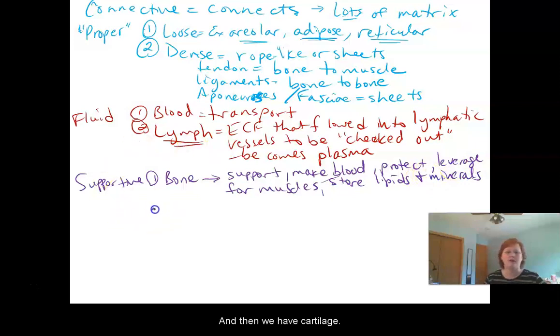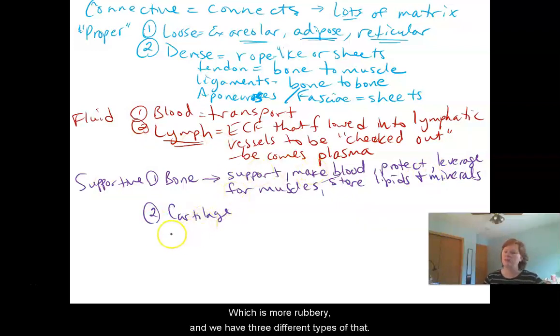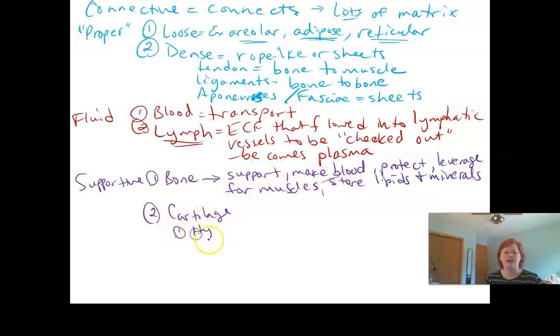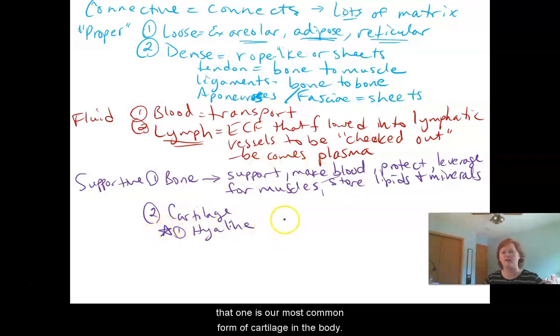And then we have cartilage, which is more rubbery, and we have three different types of that. The first one is hyaline, and I'm going to put a little star next to that one because it is our most common form of cartilage in the body.